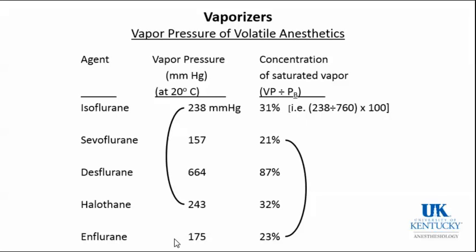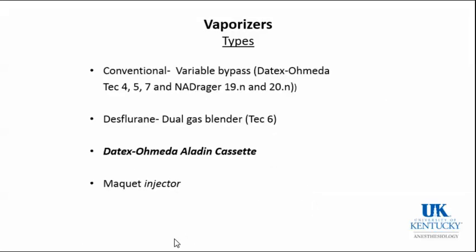With desflurane, of course, you have to add very little of the gas that's sitting above the desflurane in order to produce the concentration that you want. So there are several types of vaporizers. There's a conventional variable bypass that is used for isoflurane and sevoflurane. There's a desflurane vaporizer, the Datex Omega cassette vaporizer, and finally the Maquet injector.